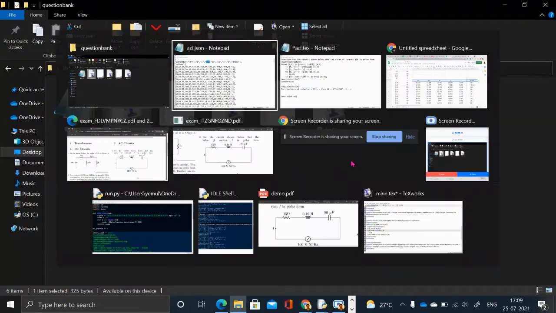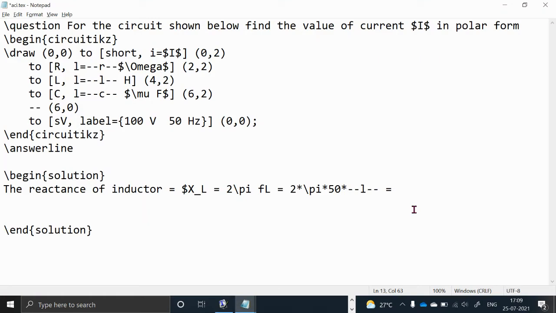Okay. So here I will say dash dash XL dash dash, and if I want I can also keep j here. Okay. So j XL, and then I can keep omega, and then finally close it with the dollar sign.